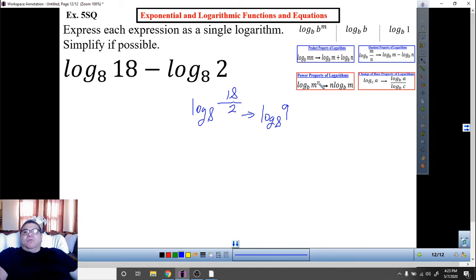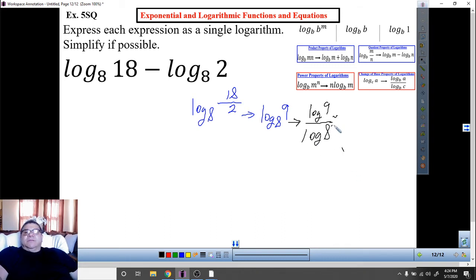Yeah, the power property of logarithms. Oh no, not that one. What do we do at the end? The change of base property. Yeah, they're totally different, so it's a change of base property. So this becomes log 9 divided by log 8.